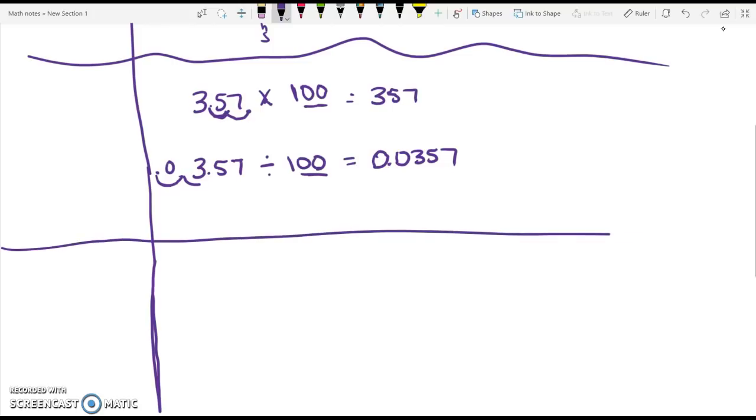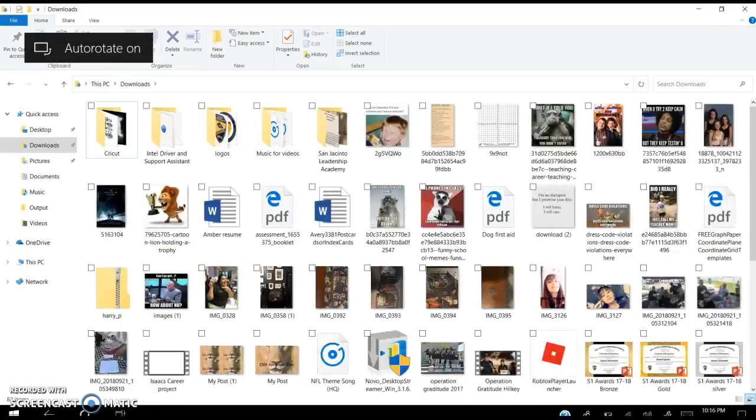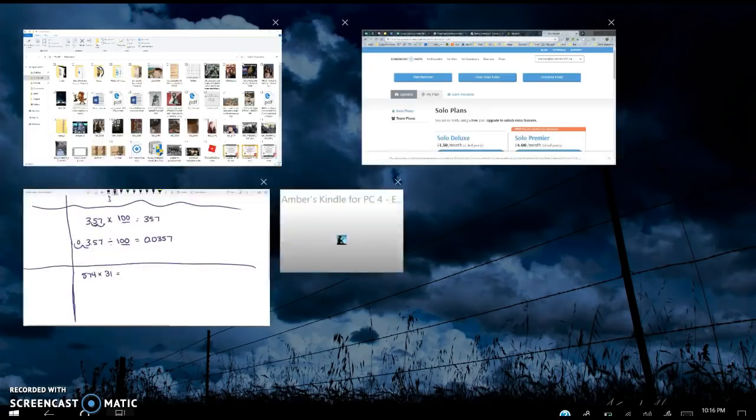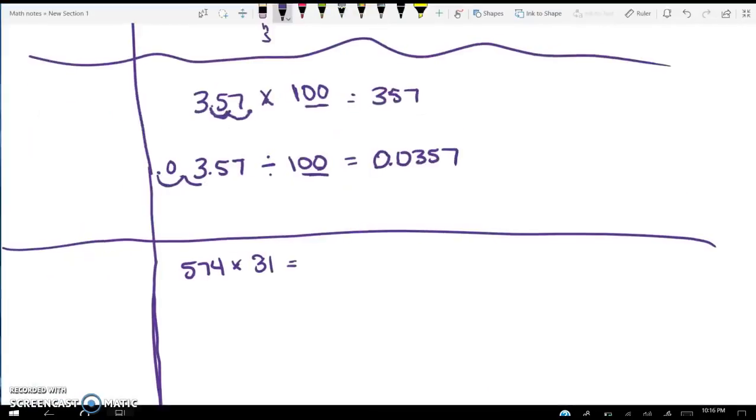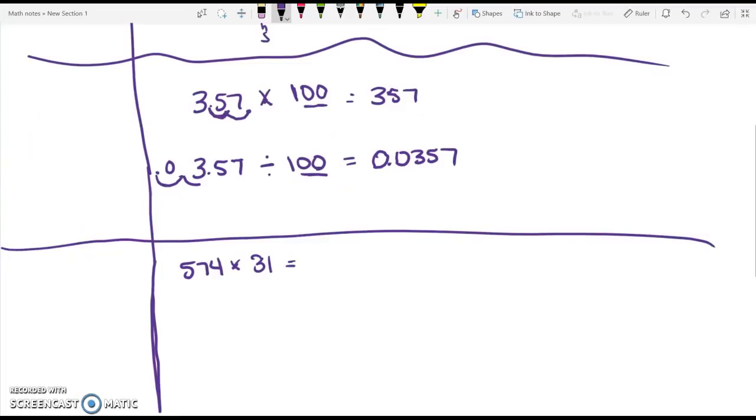Another problem you will see is if you had 574 times 31. Okay, so that is going to come out to 17,794. Now let's say I put a decimal in here.